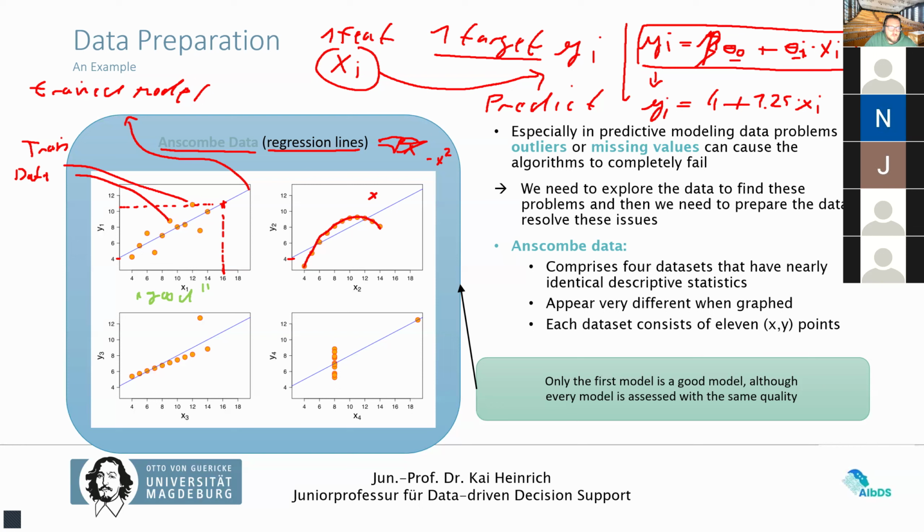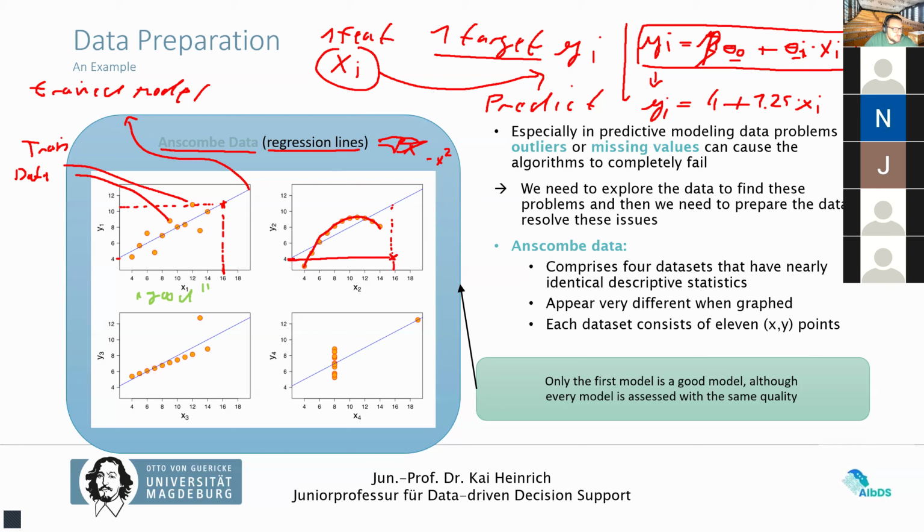The new data point would rather be here. So the truth would be around 4.